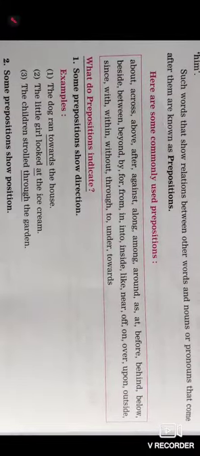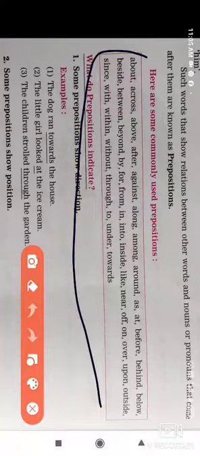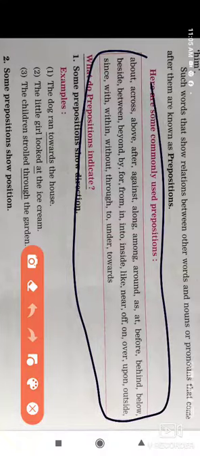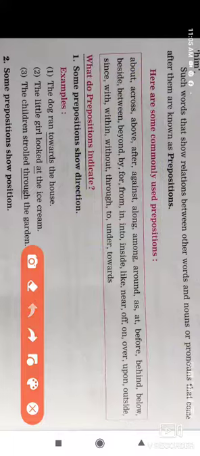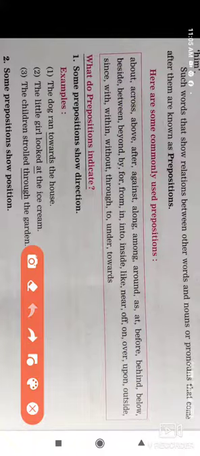So here are some examples of prepositions: about, across, above, after, against, along, among, around, as, at, before, behind, below, beside, between, beyond, by, for, from.